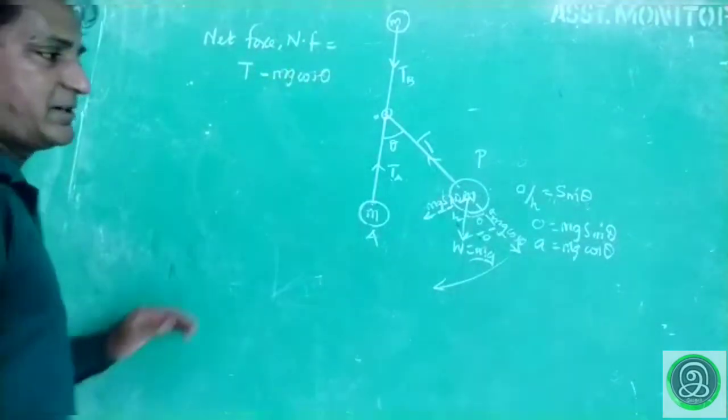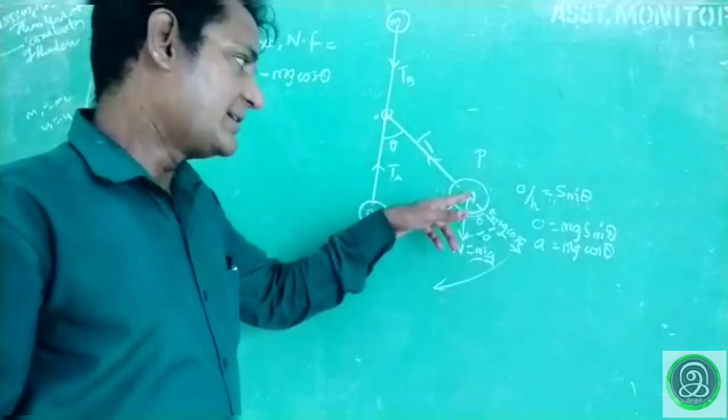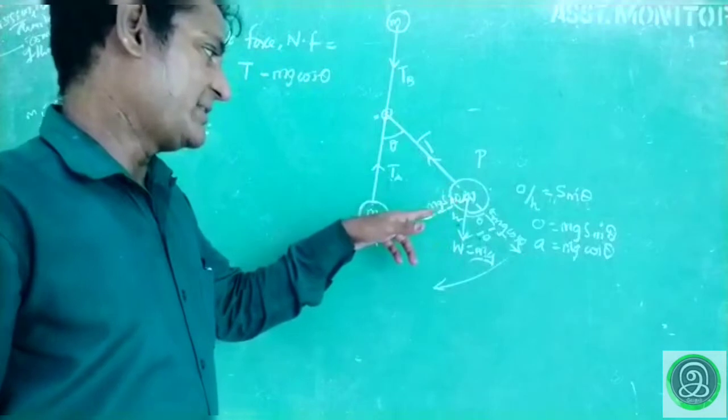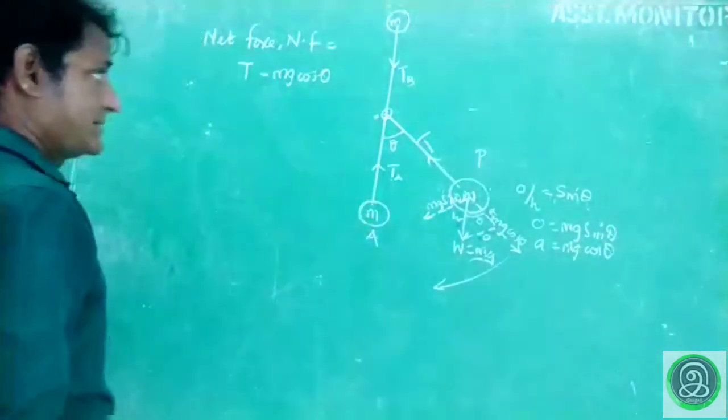Here the mg cos theta is balanced by the tension. This mg sin theta brings the stone tied with a string towards the position A.